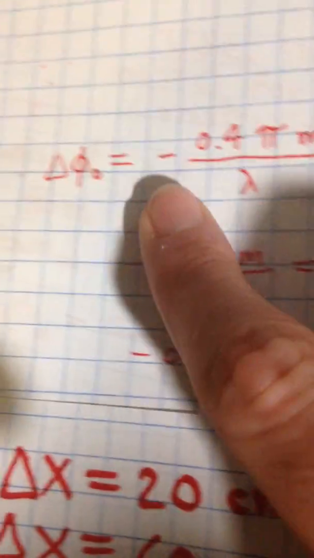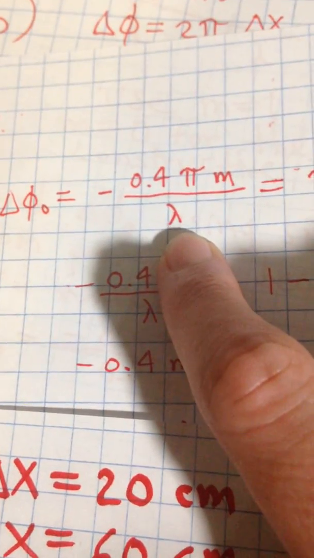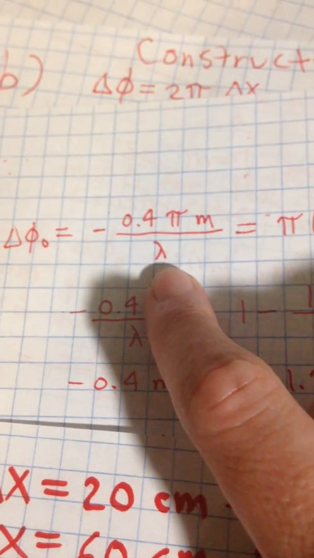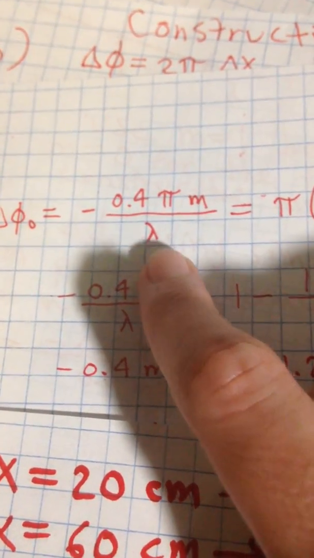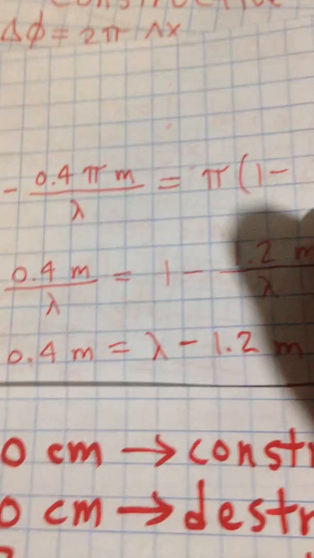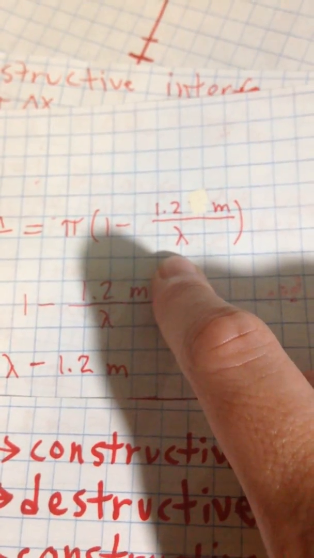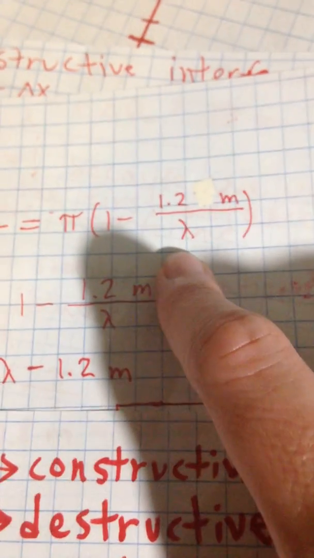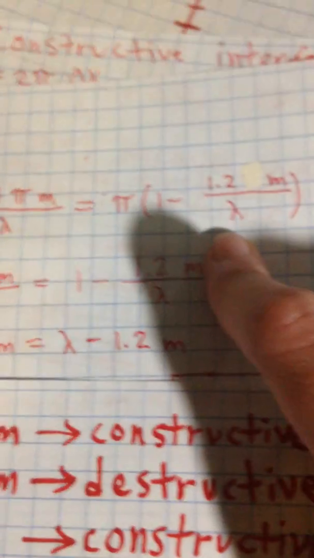It's going to be phi naught is equal to one thing in terms of the wavelength, situation 1, where they're 20 centimeters apart, and that's going to be equal to the other equation solved in terms of the wavelength at the 60 centimeter separation, to give you an idea of where this is going.